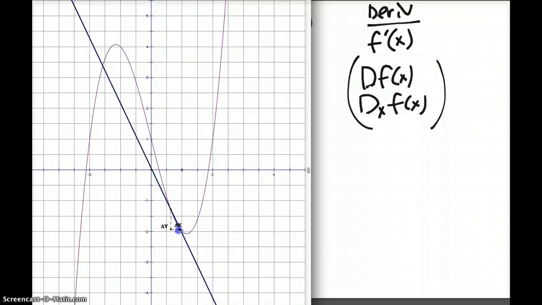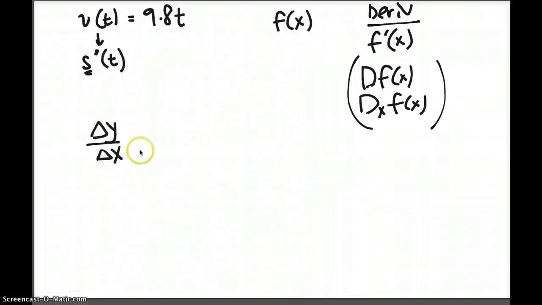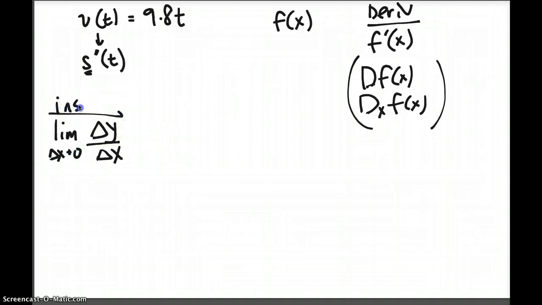We're pushing the 2 points closer and closer together until you get the slope at exactly 1 point. And that is what calculus is. So as soon as we take this limit and take that change of x and bring it down to 0, now we have instantaneous rate of change. Okay, we have the derivative.